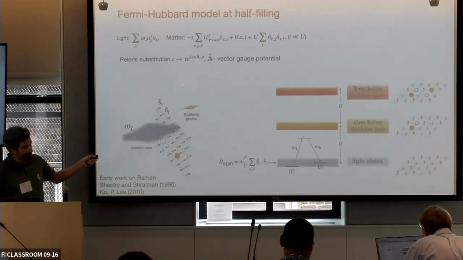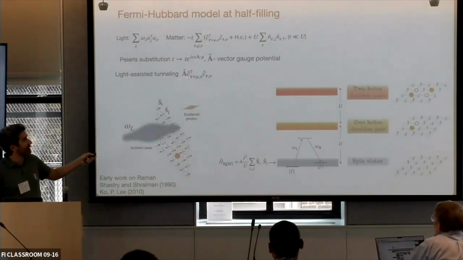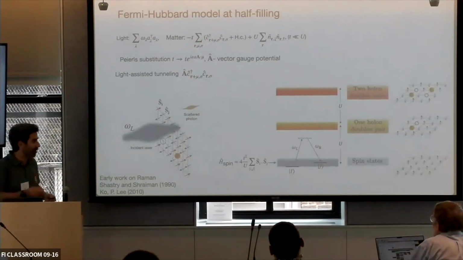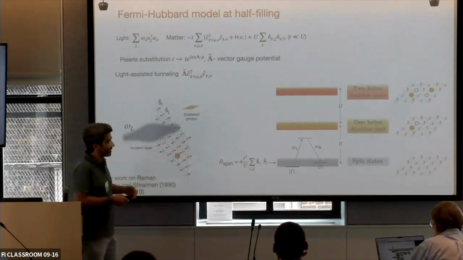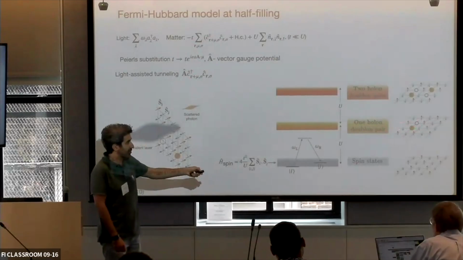When the electron is hopping, it can hop just electronically, but it can also absorb or emit light while it's hopping. So basically the dipole associated to this transition is the electron going from one side to another side and back and forth.